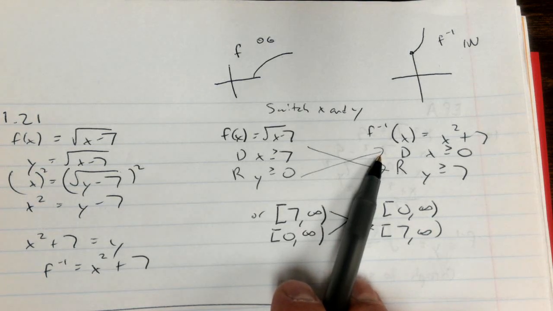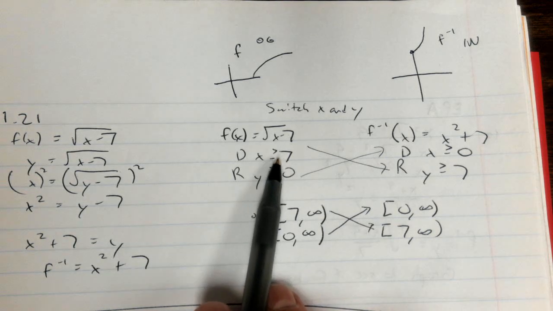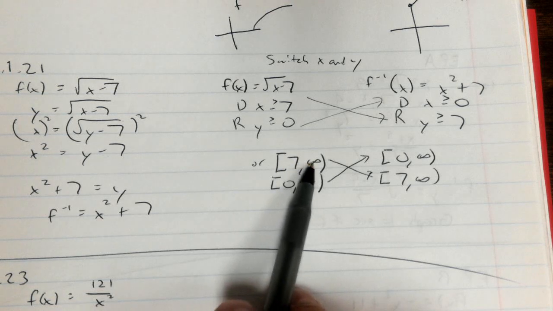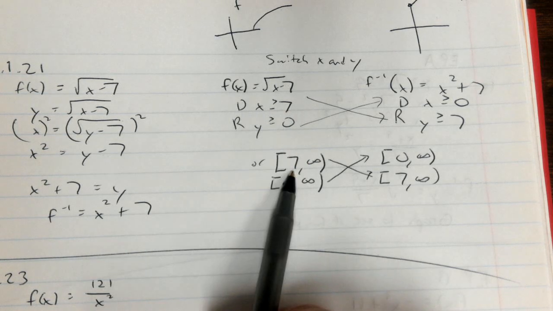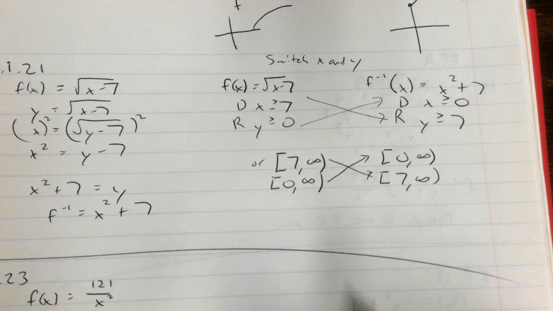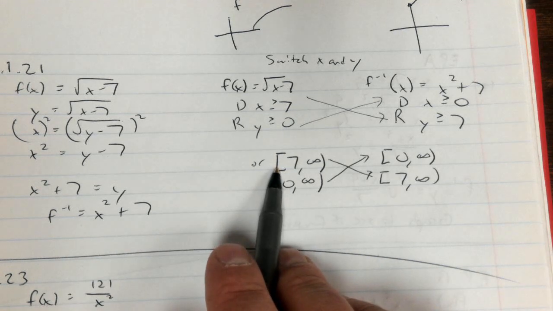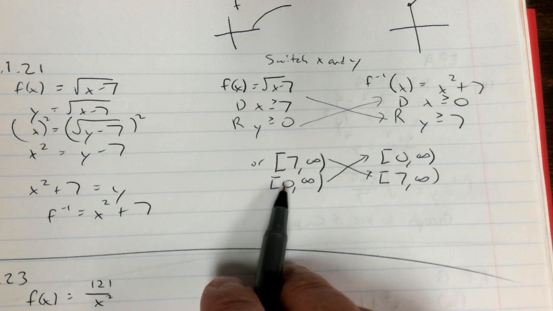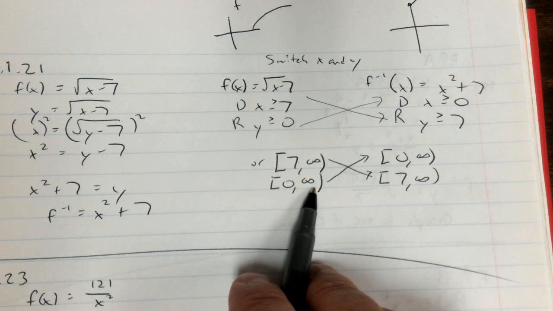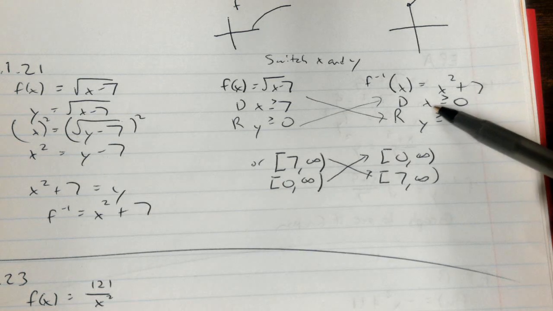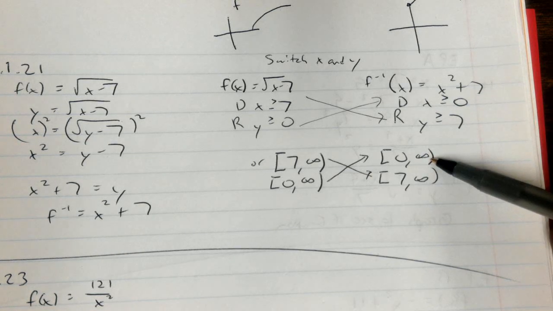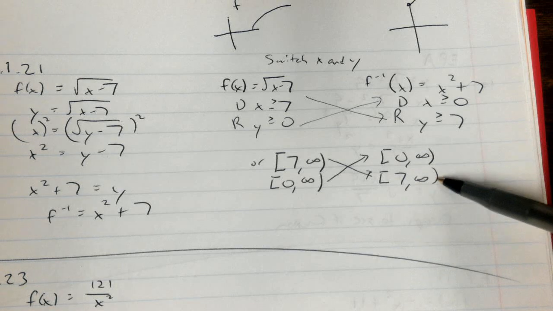But just to re-emphasize that, the interval notation of this would be bracket 7 comma infinity. Bracket because it's greater than or equal to. It includes that number. And then if it's y greater than or equal to 0, it would be bracket 0 comma infinity. And then this x greater than or equal to 0, again, would be bracket 0 infinity, and this would be bracket 7 infinity.